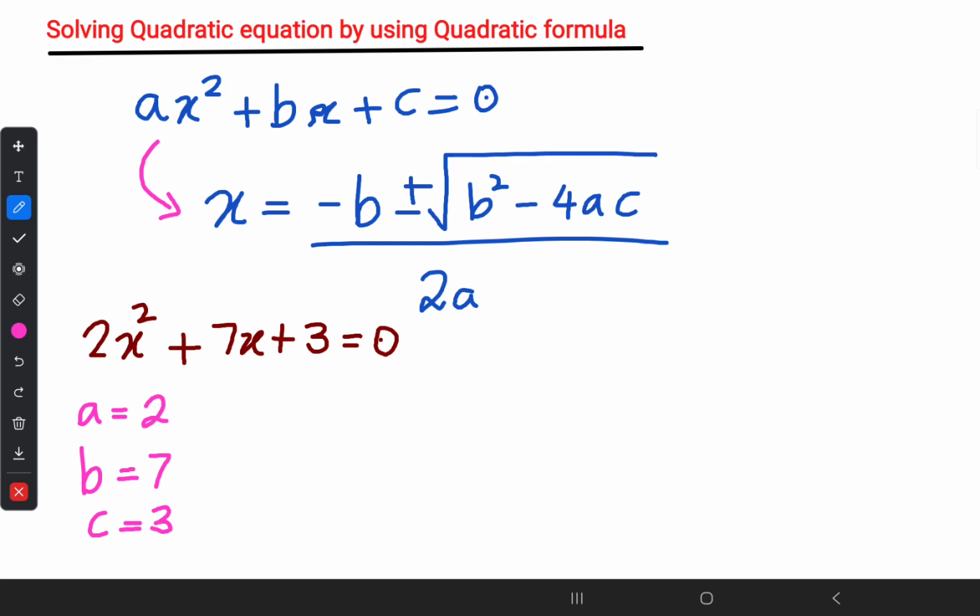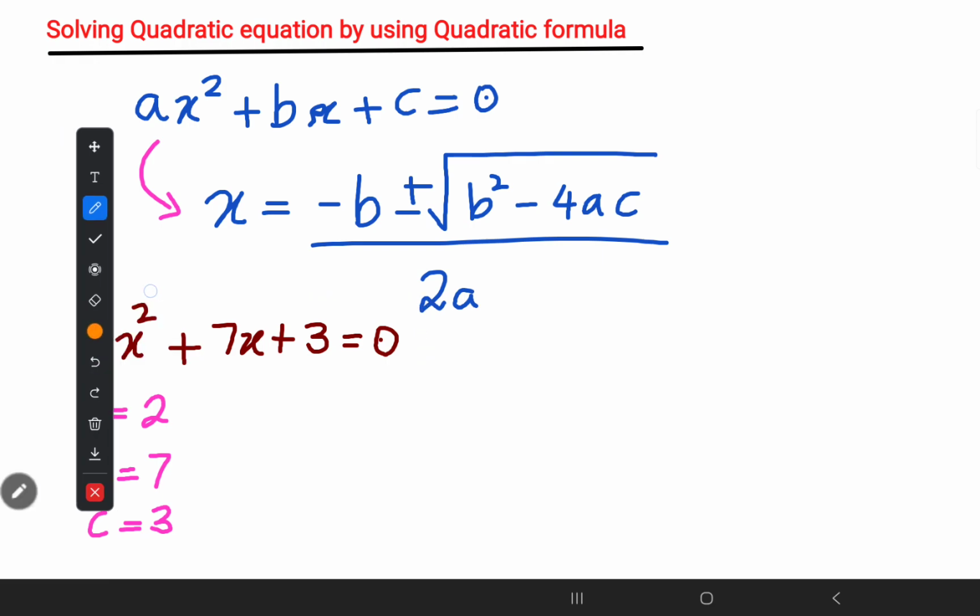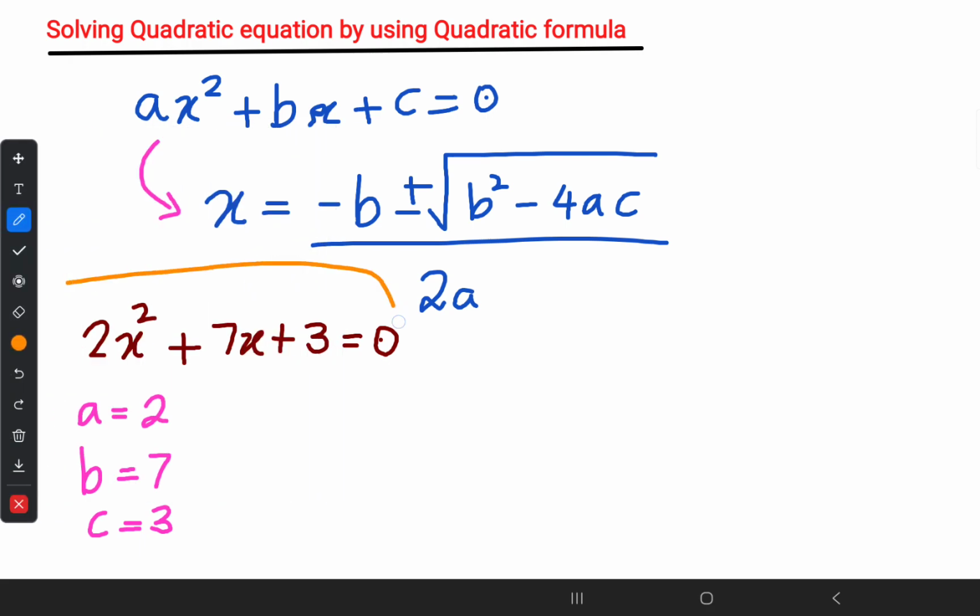We just identified the a, b, c values, and one thing left: you have to substitute the corresponding a, b, c values in the formula. If the quadratic equation is ax square plus bx plus c equals to 0, x would be minus b plus or minus square root of b square minus 4ac upon 2a. How can we solve that? So x equals minus b. What is the b value here?